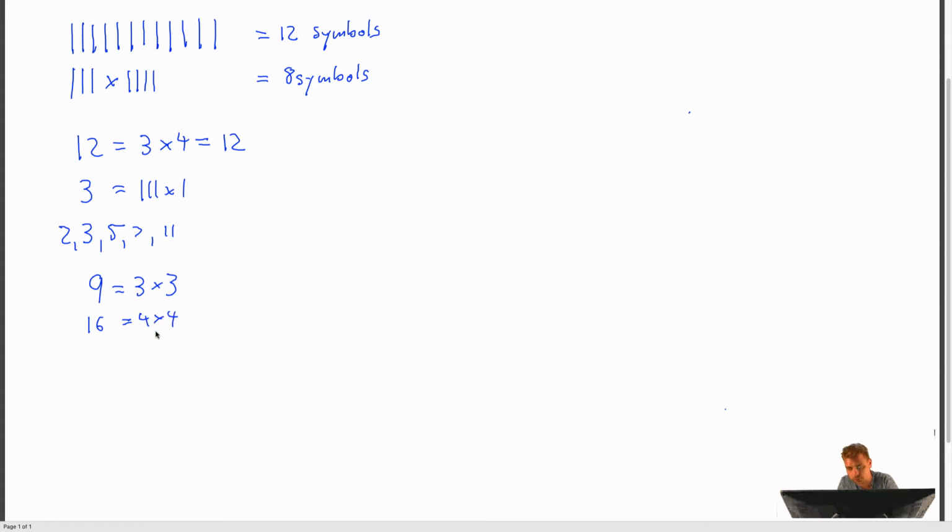These are called square numbers, right? Because if you draw a square of length 3 times 3, or if you do 4 times 4, then the side lengths are the same, so we get squares. So now, the non-prime numbers are the ones that can be shortened in description by multiplication. So that means the symmetry here is they're actually rectangles.